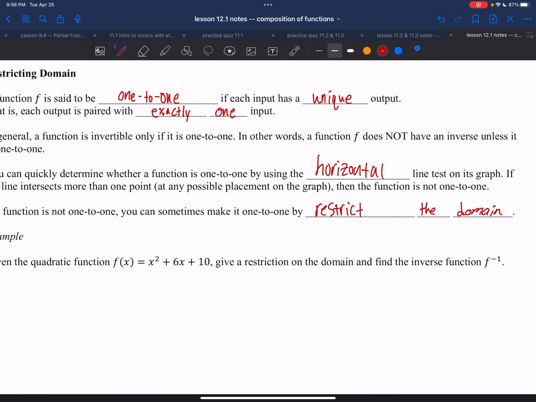So here's a quick word. I know that it's a quadratic, so I know it makes a parabola. A parabola fails the horizontal line test, but if I graph the right leg, it passes it. If I graph the left leg, it also passes it. So you actually have two choices here.